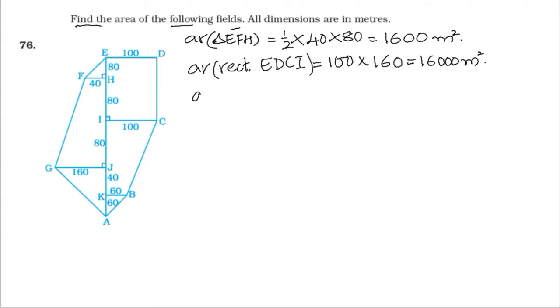Now we can find out the area of the trapezium FHJG. And we know that the area of a trapezium is half multiplied by height multiplied by the sum of the parallel sides. So half into height, the perpendicular distance here, which is 160.